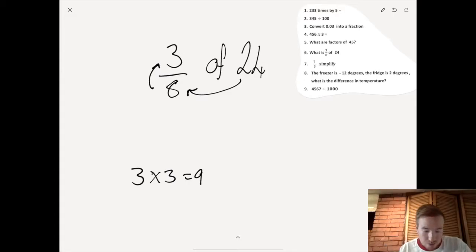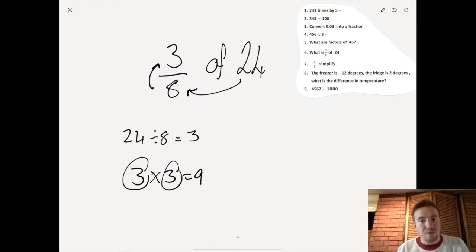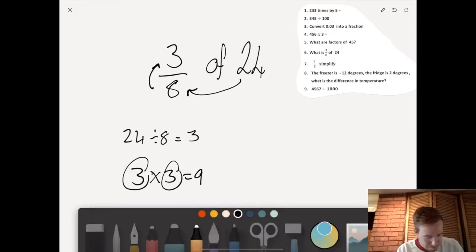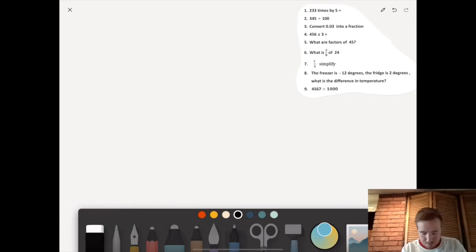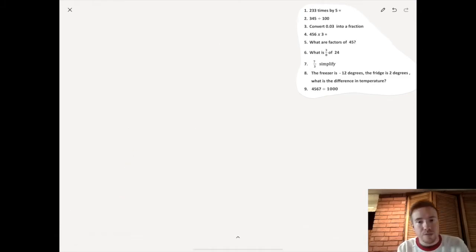So this 3 comes from 24 divided by 8. And then you take that 3 and you multiply it by the numerator, which also happens to be 3 in this case. That's the one that we've got the funny dance for. But you'll notice now how much you're needing to use it, so it's definitely worth remembering.